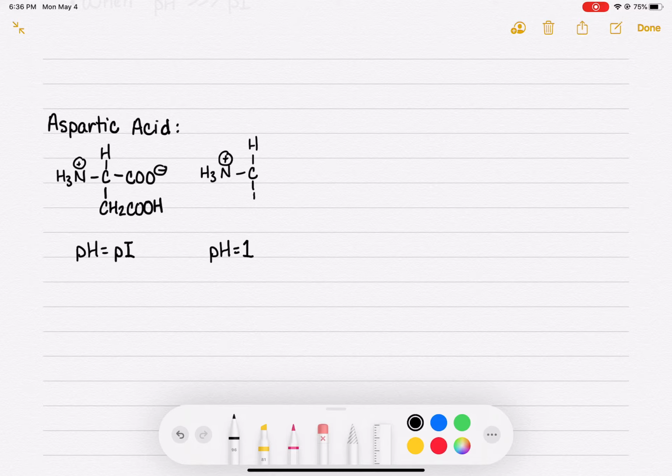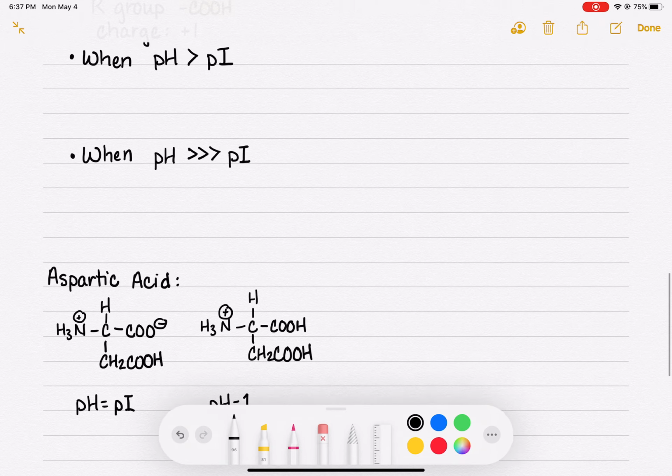We know that we're okay with having neutral, like you can have no charge. So our R group will stay neutral, CH2COOH. That COO minus, though, that's not allowed anymore. We've got to get rid of that minus charge. And the way that we get rid of the minus charge is by adding a hydrogen. So there's the structure of aspartic acid at a low pH.